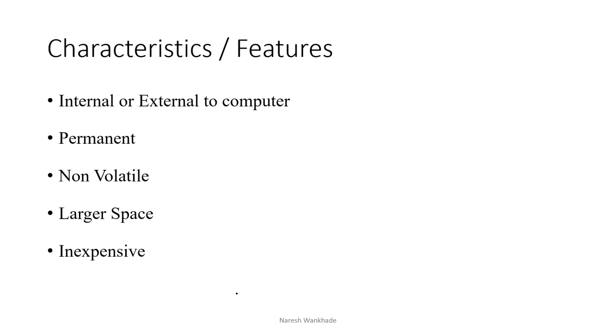Here are some features or characteristics of secondary memory. First one is internal or external to the computer. So here we can connect this secondary memory inside the computer, so that is known as internal, or you can connect this externally. With the help of some cables, we can connect that secondary memory to the computer externally. So this memory, that is secondary storage, is actually permanent storage.